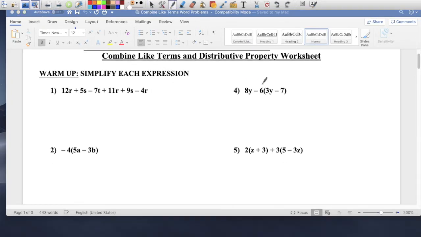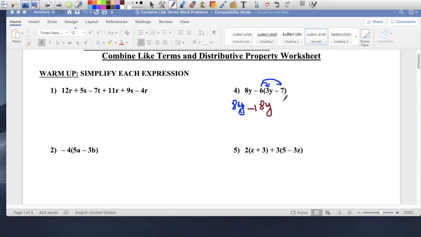Pick this one. So it's distributive properties happening here. So you get 8y. This just doesn't do anything right now. And then it's negative 6 and 8, 3 is negative 18y. Negative 18y.